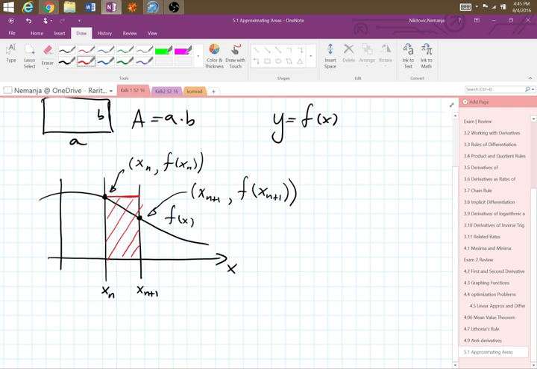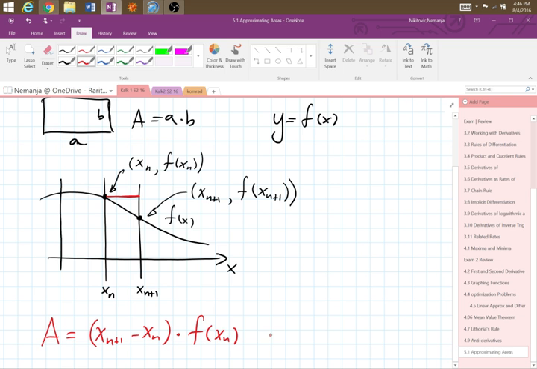So it's quite simple to find the red area, and the red area is going to be xn plus 1 minus xn, so that's like your A, and then times B, which is the function computed at xn. So you are looking at the fancy way of writing A times B for the area of the rectangle, and that's the red one.